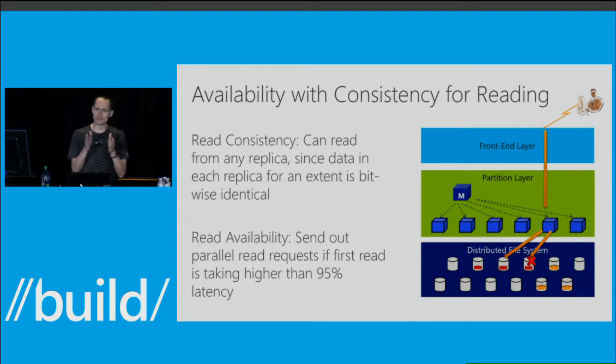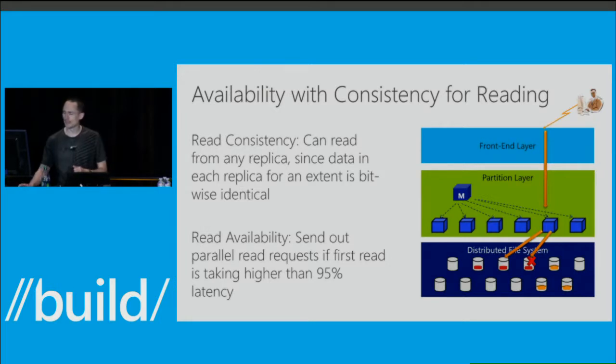That means for 95% of the requests that we see, all of them are below 40 milliseconds. So if we go above 40 milliseconds for this request, that means something's going wrong, and we're not quite at the speed that we want. So we'll just issue another request in parallel to one of the other extents, and then take whichever request comes back first to serve your request.